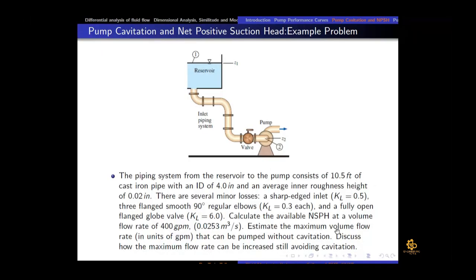The available net positive suction head, NPSH, is at a volume flow rate of 400 gallons per minute, and now we need to determine the maximum volume flow rate in gallons per minute that can be pumped.